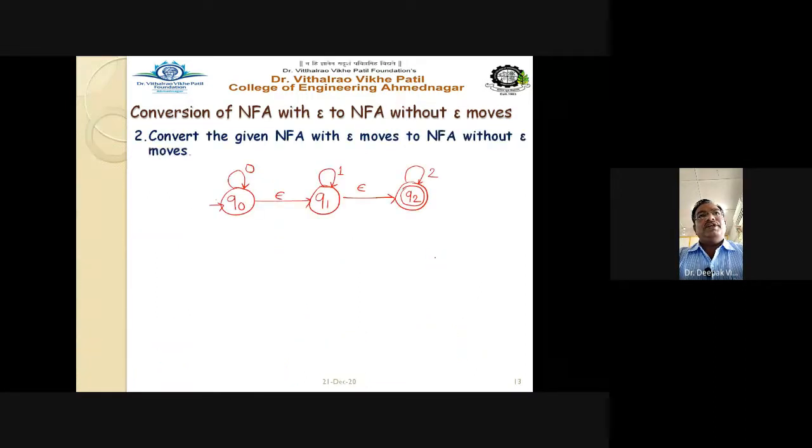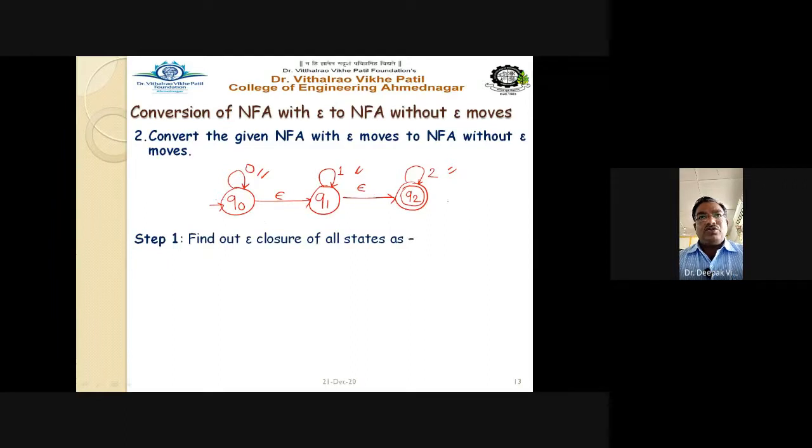Convert the given NFA with epsilon moves to NFA without epsilon moves. Now, what difference will you find here? Instead of 2 inputs, there are 3 inputs involved: input 0, input 1, and input 2. So how many possible transitions will there be? 3 into 3, there will be 9 possible transitions.